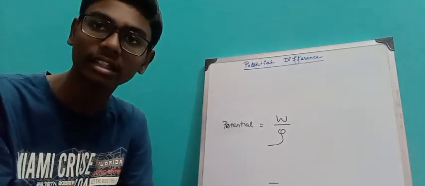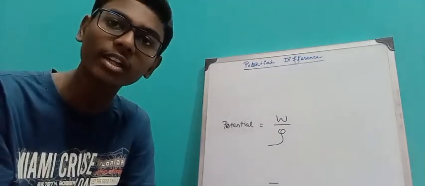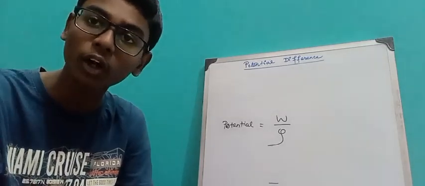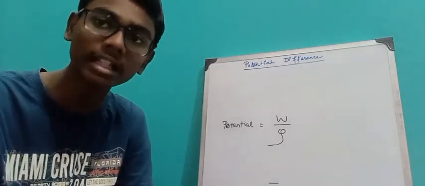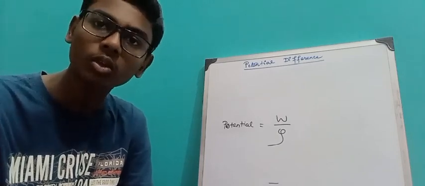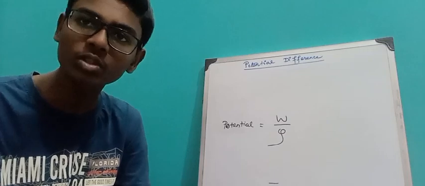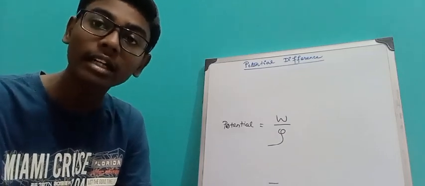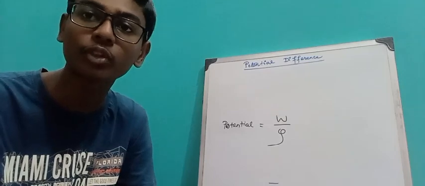I have taken the example of a wire, but definition-wise it will be something different. I recommend following the definition given in your respective books. For explanation purposes I have used the example of a wire. So I repeat, it is the difference between the potentials of two points.